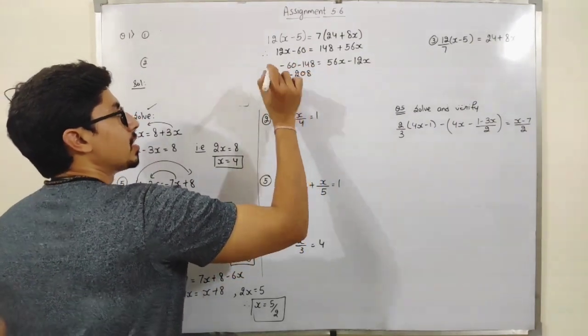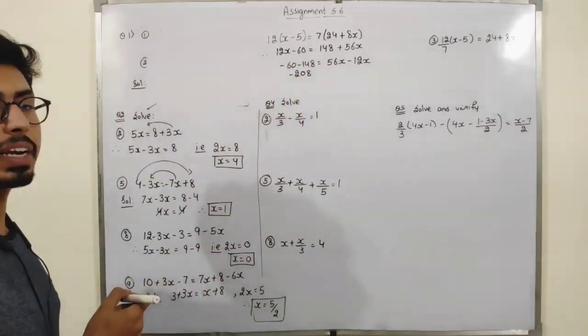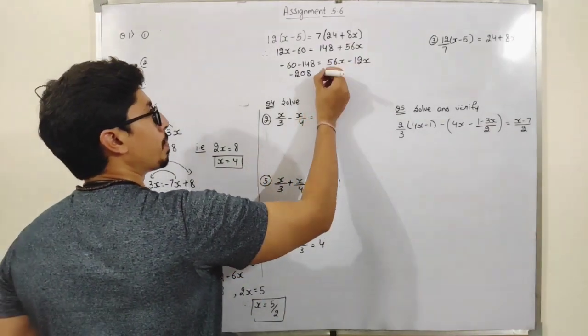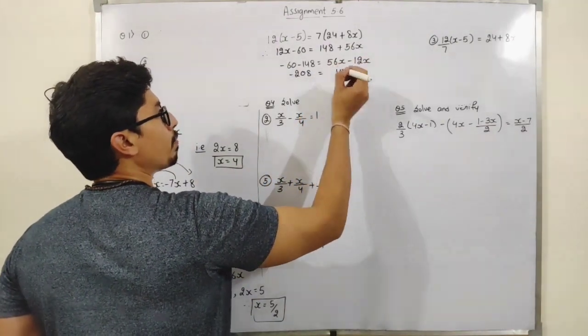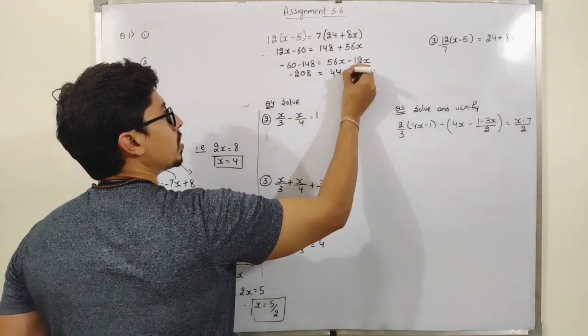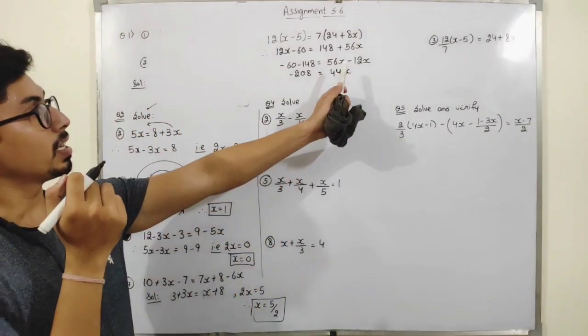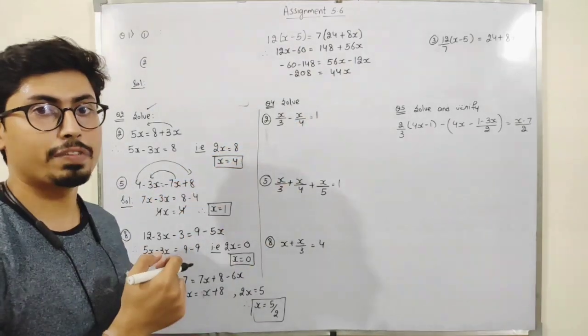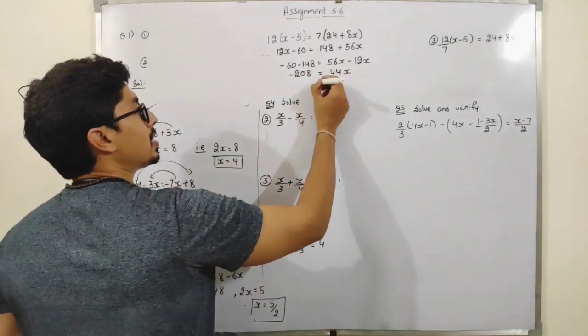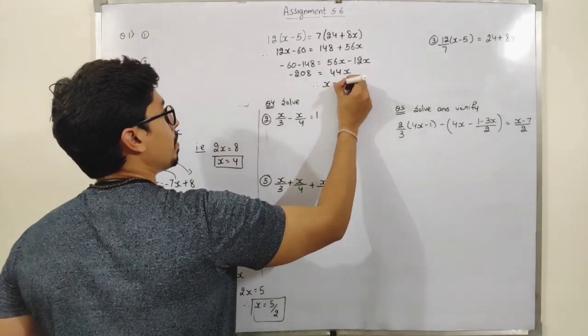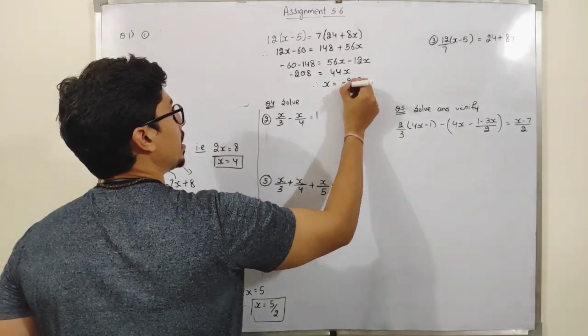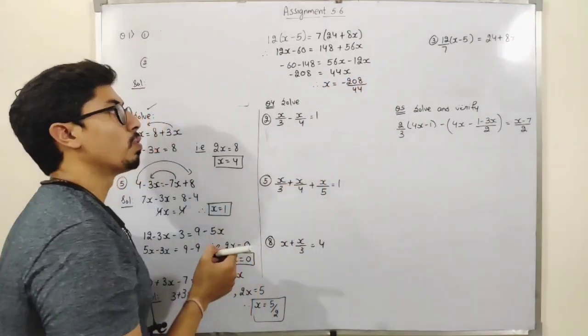And if I subtract them students, it will be 44x. Therefore students, the value of x will be minus 208 divided by 44.